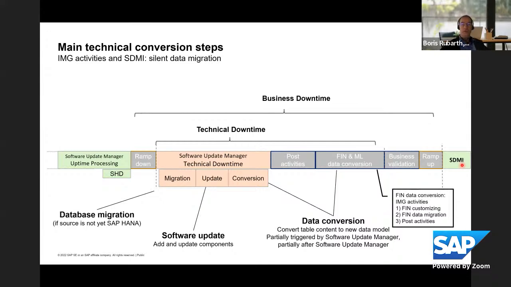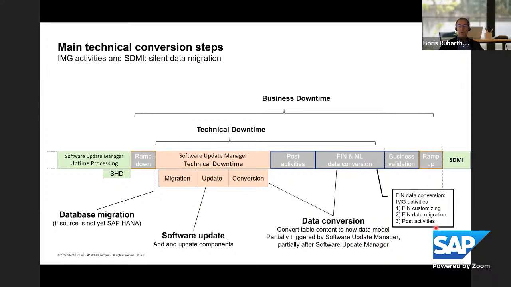It's put to uptime after the conversion and not put into the downtime to reduce the downtime. That's the general idea. And again, those conversions to new structures are not affecting the usage of the S/4HANA system. They are just a preparation for the next upgrade. That's the good part of the story.